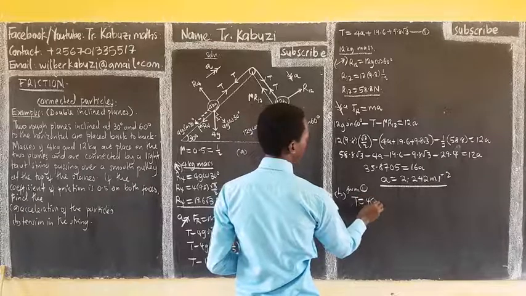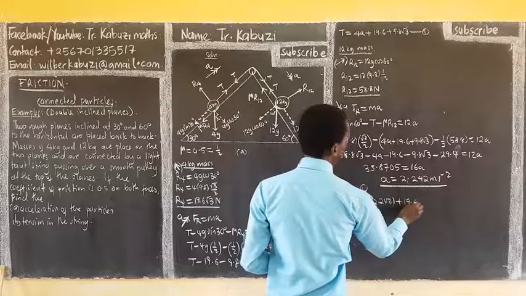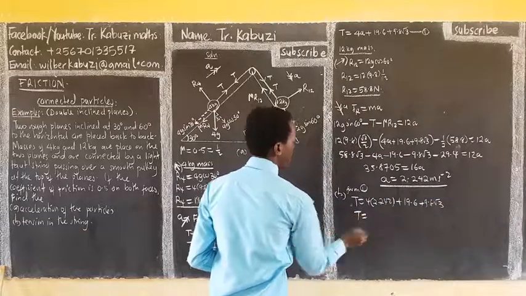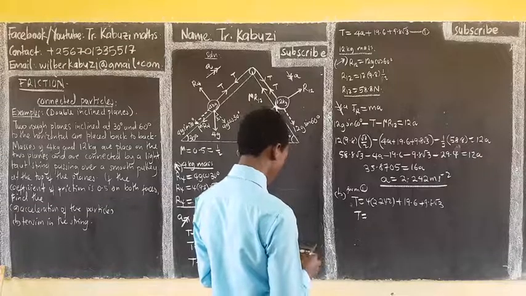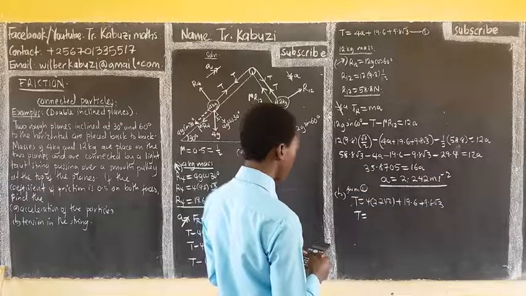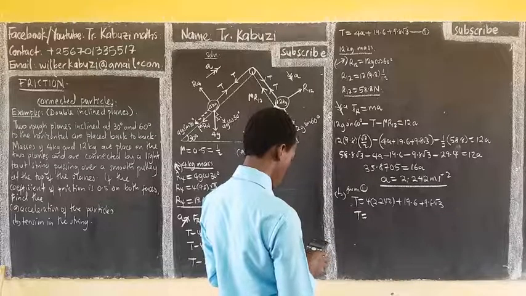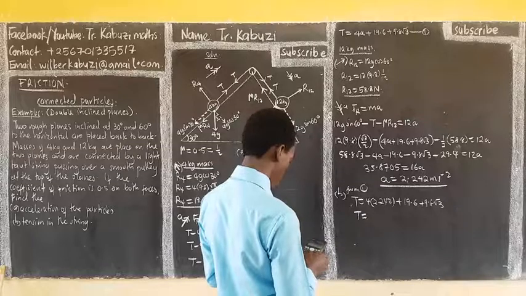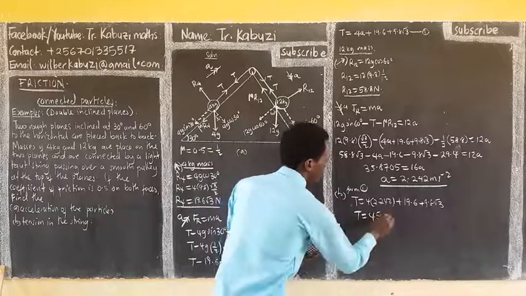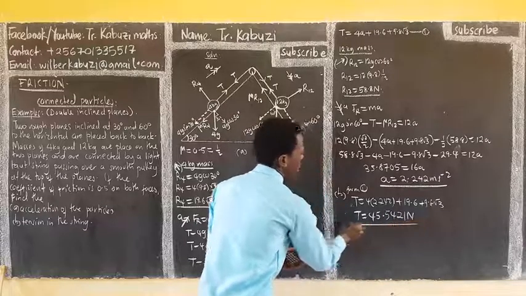Our T will be 4 into 2.242, then plus 19.6, then plus 9.8 root 3, and so my tension is 45.542 newtons.